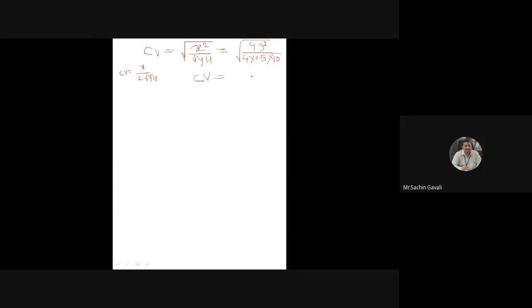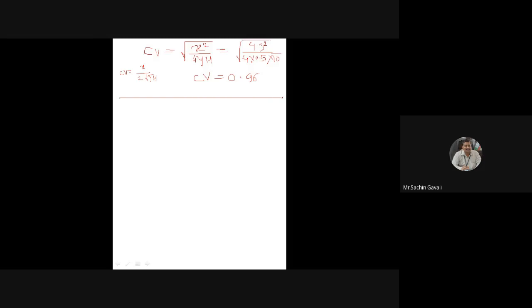Others please reply. This is asked sometimes for 7 marks. 0.96, I will consider. Any other value you are getting? 0.96, okay, Ajit. 0.96, Balaji Pise. Many are getting it, so 0.96 I will confirm.